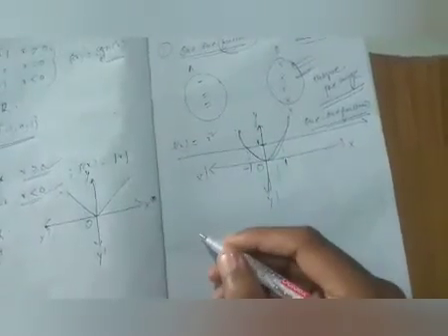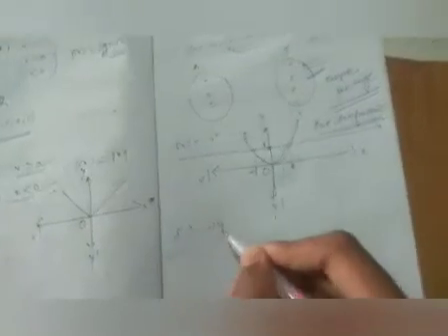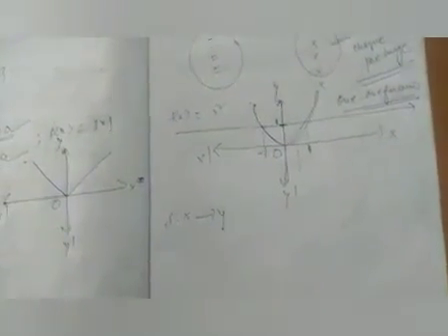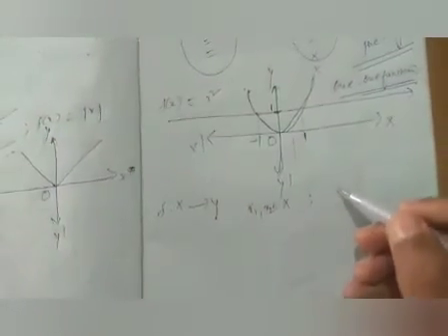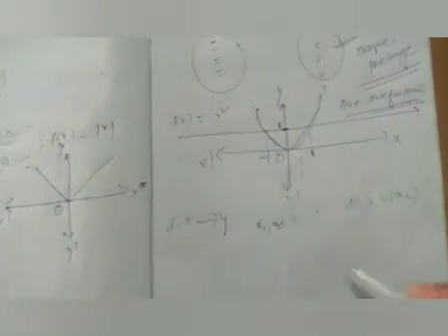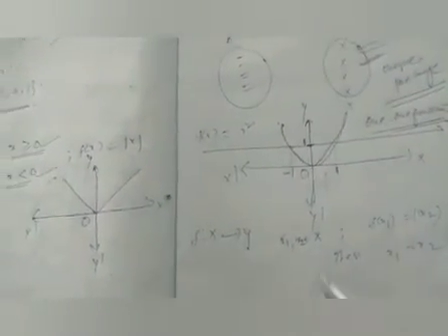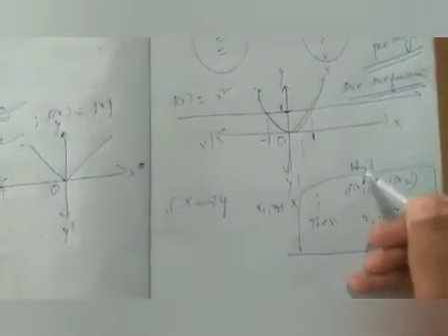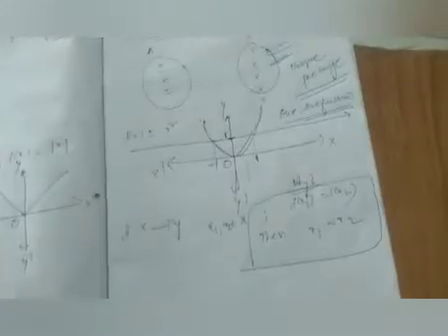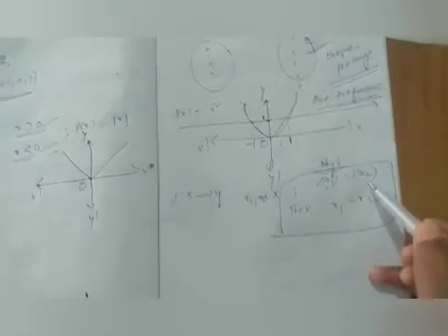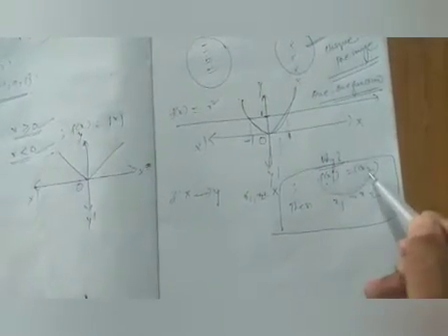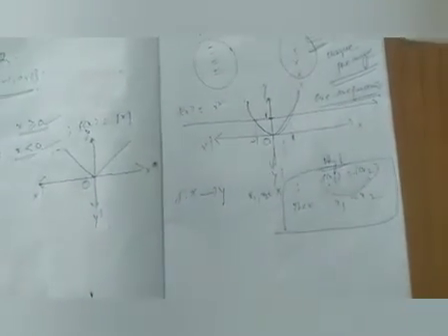Another method I would suggest is this: if we consider f from X to Y, we can tell it is a one-one function if we take x1, x2 belonging to X, and if we claim f of x1 equal to f of x2, and we are able to prove x1 equal to x2, then definitely this function f is one-one. Similar to what we did in the definition of function, here also we can check, because f of x1 equal to f of x2 means two elements in set 2 are equal, then definitely those two should be from the same preimage.